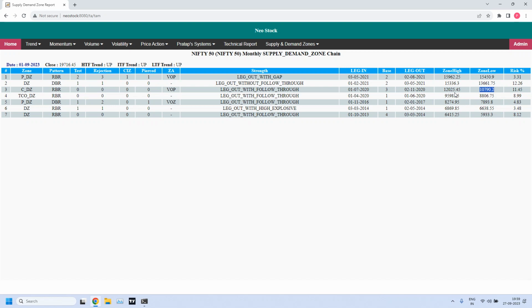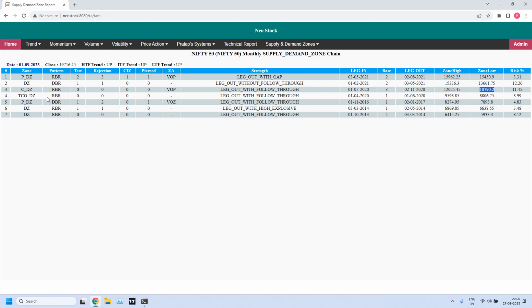And then while crashing, what happens? Generally, the trend is changed to downtrend. And what this high liquidity zone generally does, it pushes the price up because this is a demand zone. When price is pushed up, the trend also will be changed. Slowly it will change from downtrend to sideways and then sideways to uptrend.